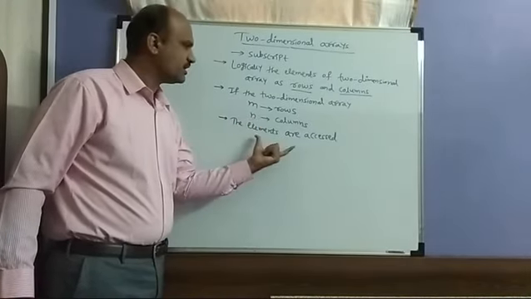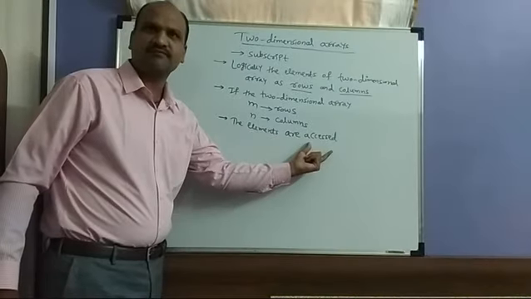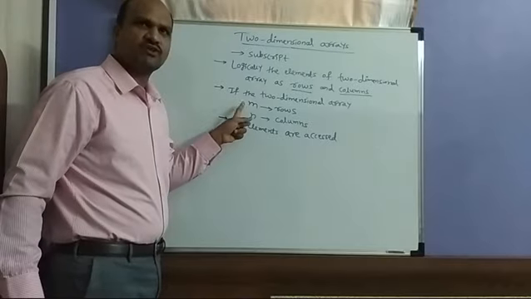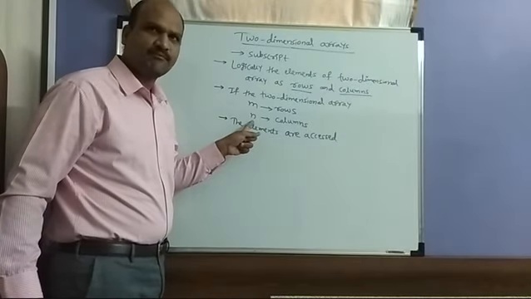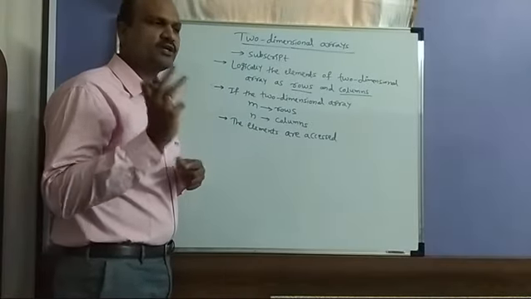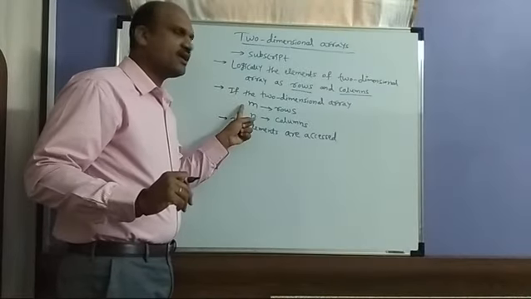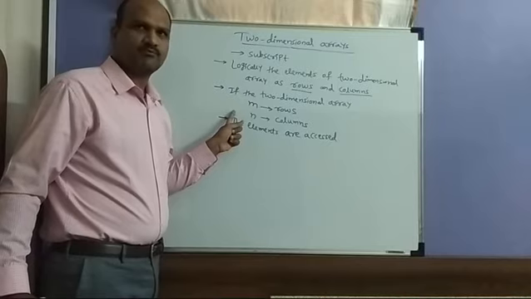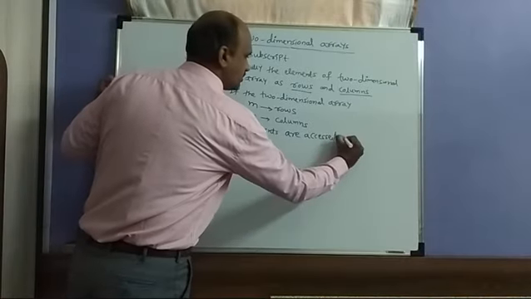When you are accessing the elements of a two-dimensional array, we need both rows and columns. So you have to take two indices, one is i and another is j. I means row, j means column.